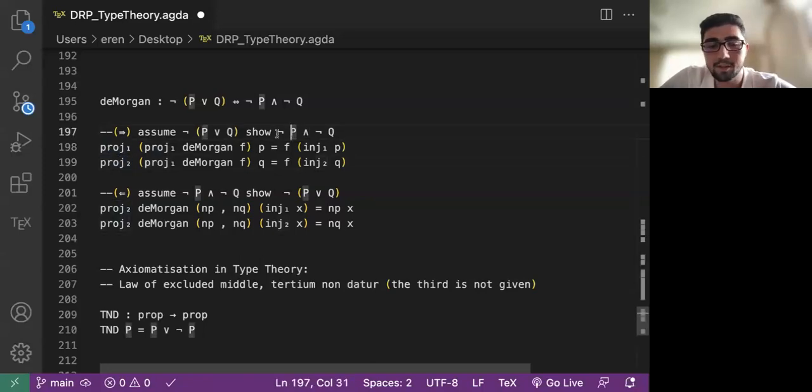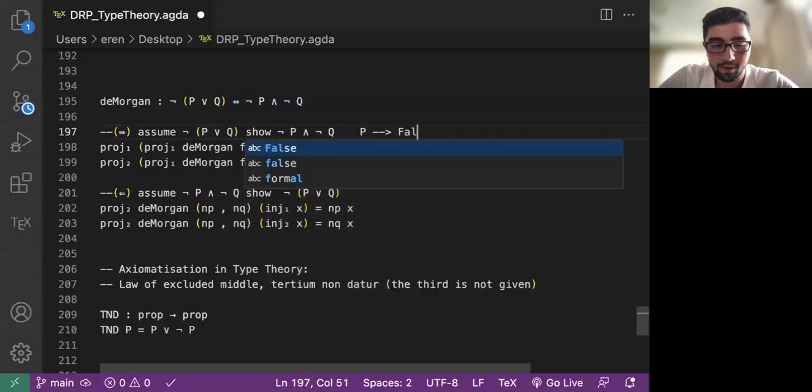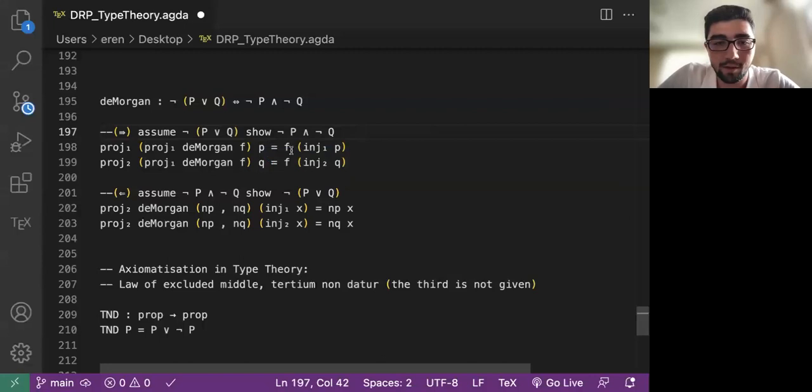And what I am looking for at the end is not P. Given F, I am looking for not P. But again, not P is a function. Not P is a function here, which takes P and returns falsity in logic. So let us give it P as an argument here.